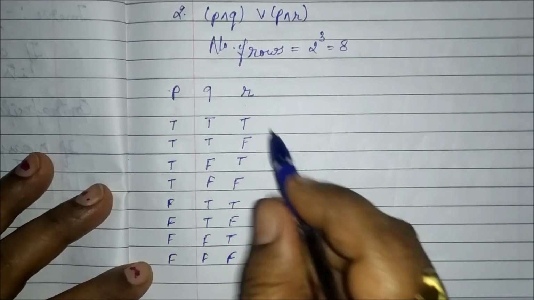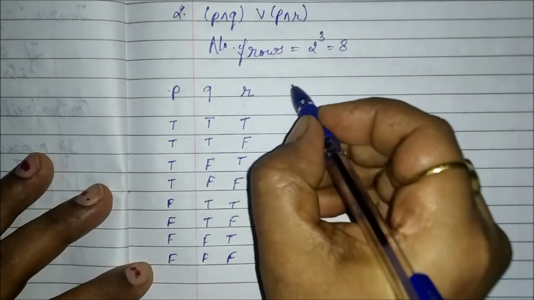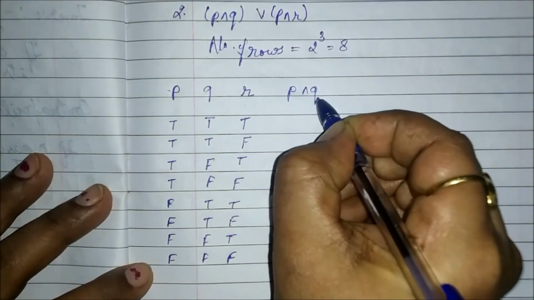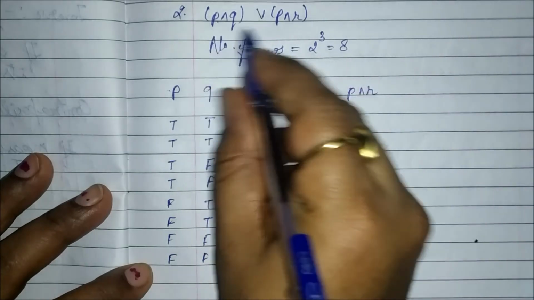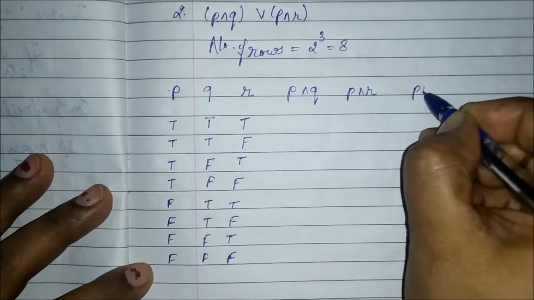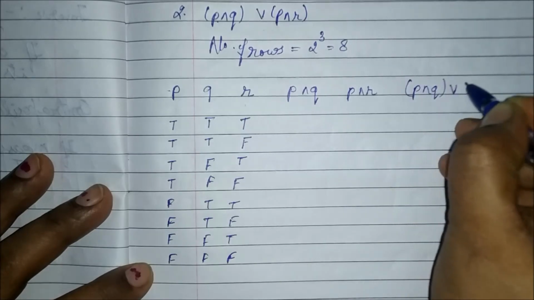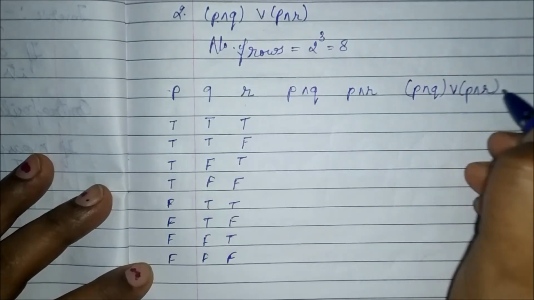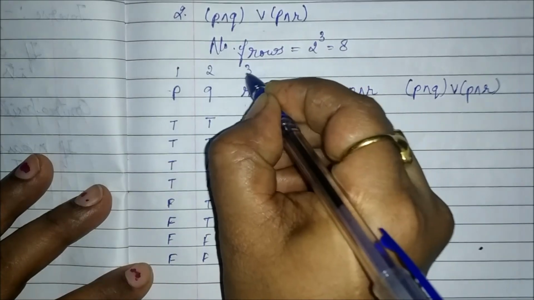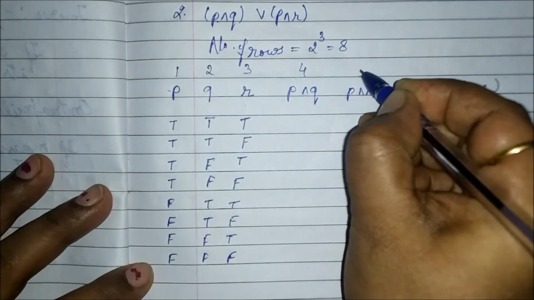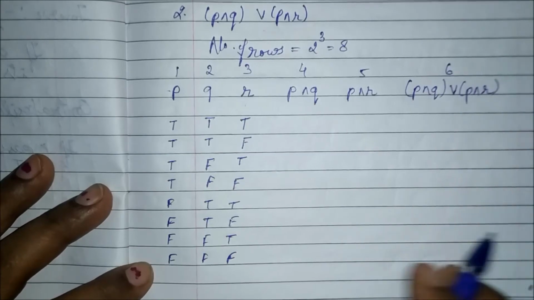Now we have to make the column of P and Q. Next P and R. At last the final statement pattern P and Q or P and R. We can also write the column numbers 1, 2, 3, 4, 5 and 6.